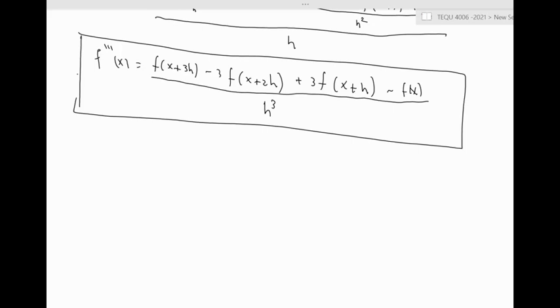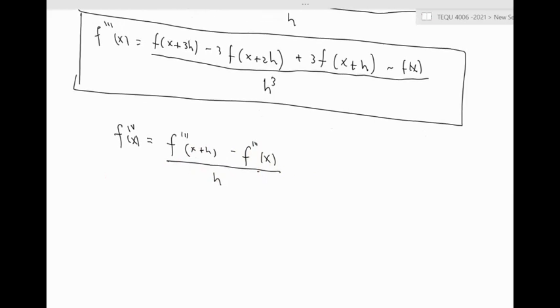So the fourth derivative of x will be obviously the third derivative of x plus h minus the third derivative of f of x, and the whole thing divided by h. So here we are. I need, again, the third derivative, which is all this, because it has to be evaluated now in x plus h.